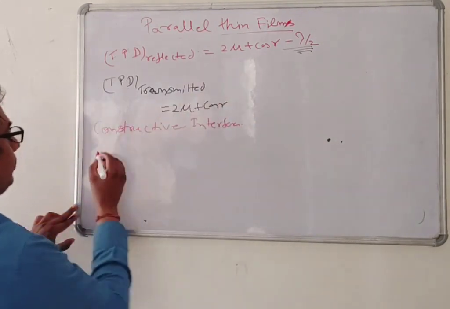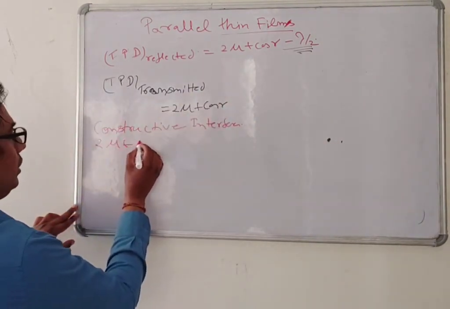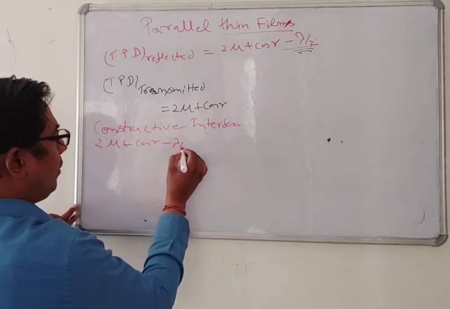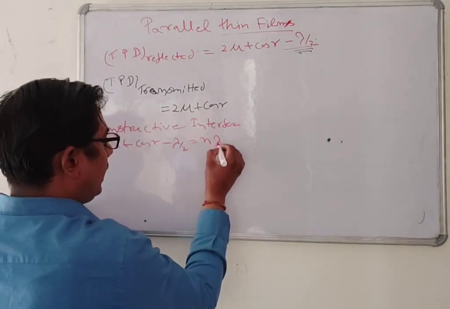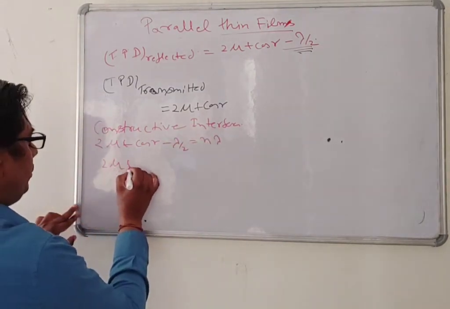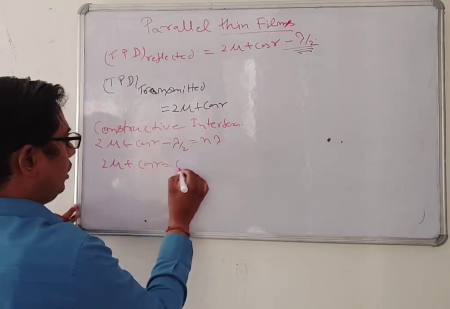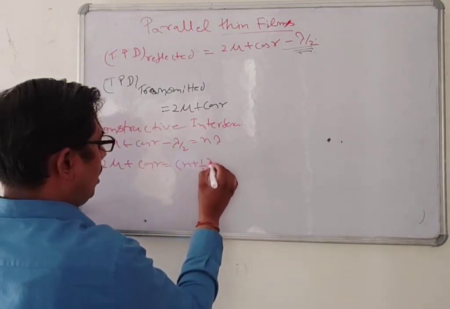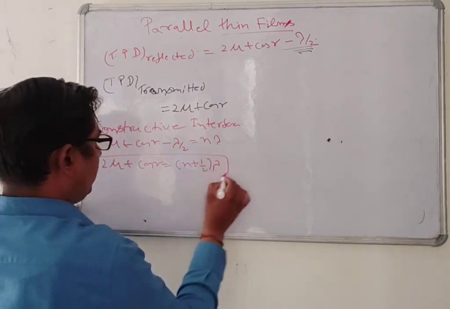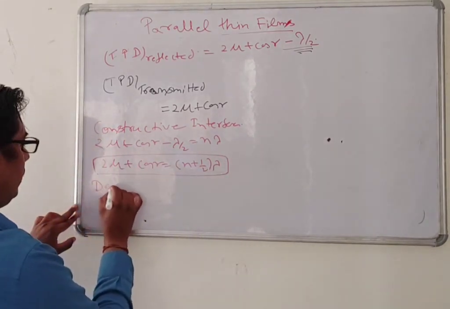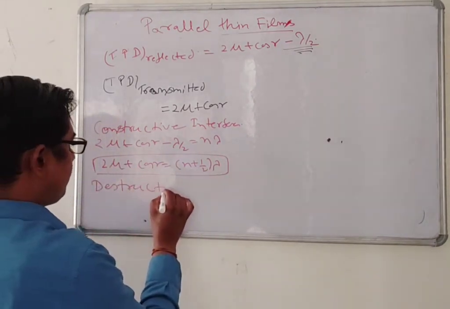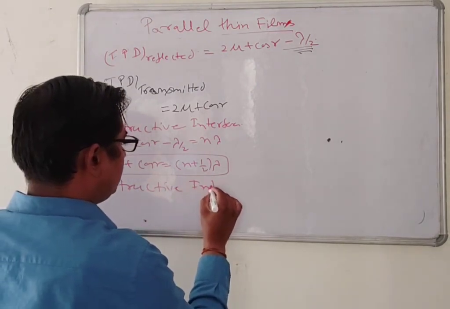Here you can see that 2 mu t cos r minus lambda by 2 is equal to n lambda. It means that 2 mu t cos r is equal to (n plus half) lambda. This is the condition for constructive and destructive interference.